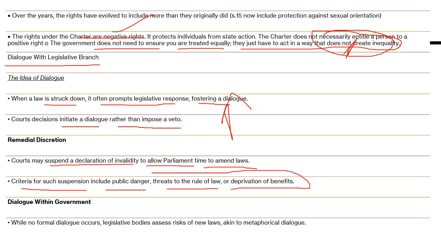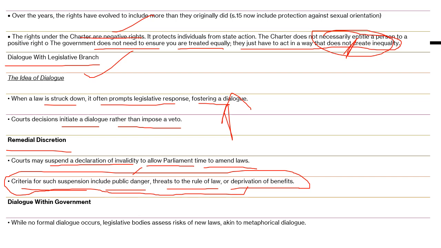So whenever the court feels that some law enacted by Parliament is a public danger, is threatening the rule of law or equality, or is depriving people of certain benefits, their fundamental rights, then the court goes for this kind of remedial discretion, and this job assignment has to be done by the legislative branch.